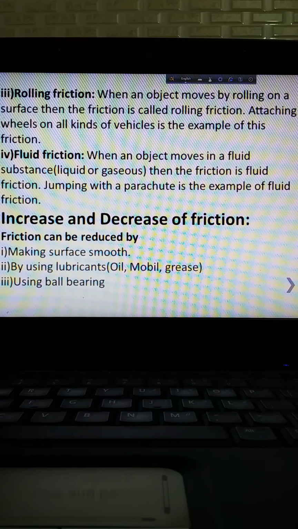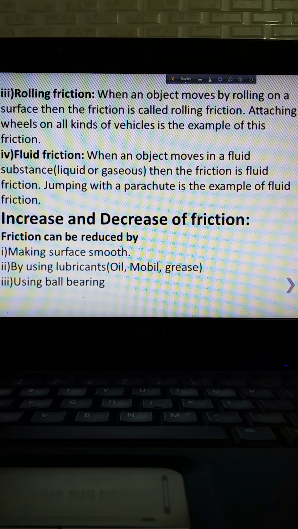Next we will discuss the process of increasing and decreasing friction, because friction is necessary, but sometimes we have to reduce friction. So we have to know the ways of increasing and decreasing friction. First, friction can be reduced. Friction can be reduced, first of all, by making the surface smooth.